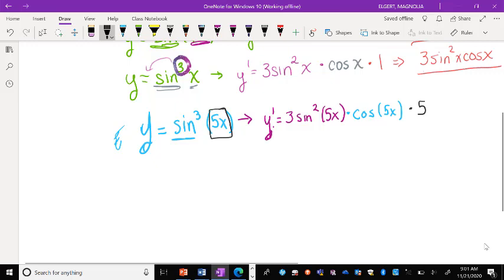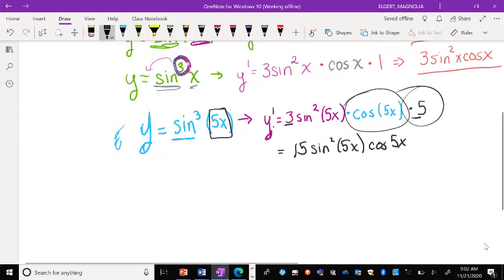It's 5. So my answer, if I simplify, is going to be 15, because I can put these two together. Sine squared of 5x times the cosine of 5x. So that's a problem where we used the chain rule twice, because technically this part was a chain, and so was this.